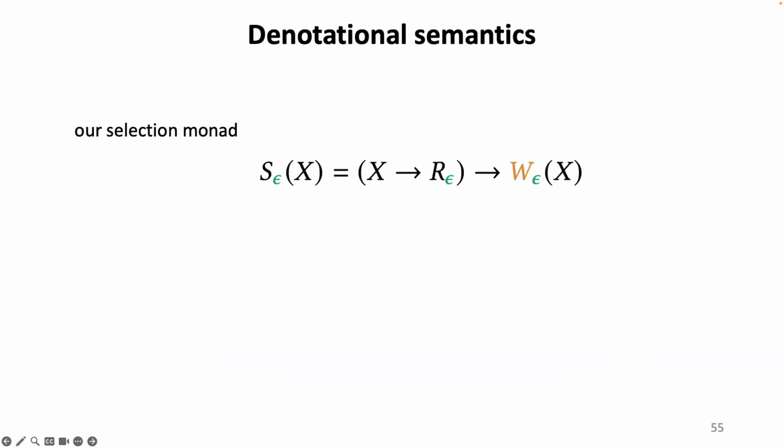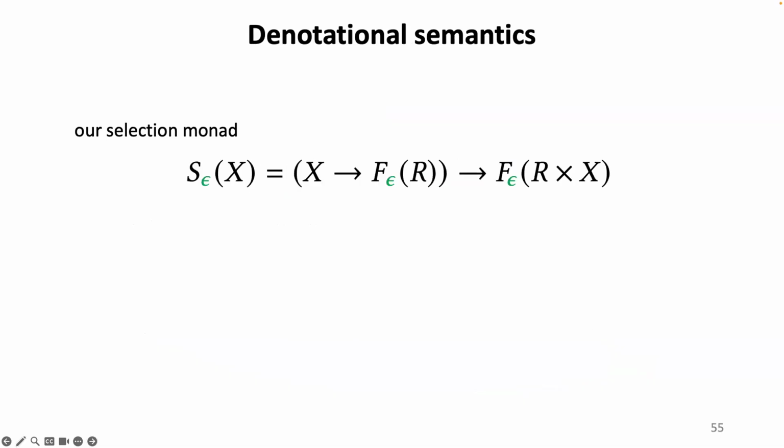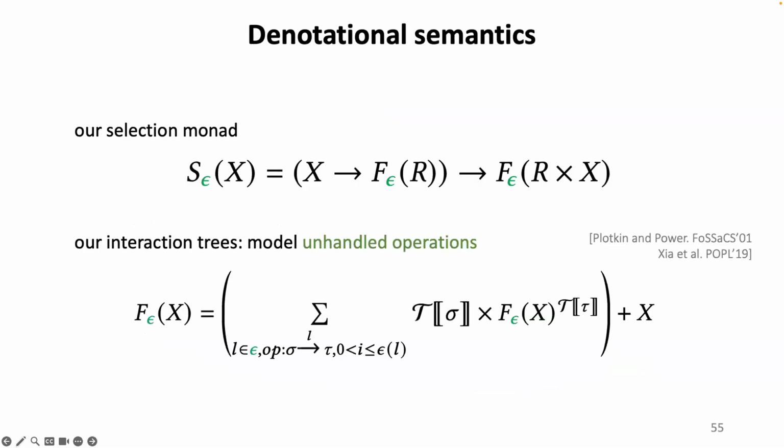And here are a few slides on the denotational semantics. If you are interested, we have a whole section on that in the paper. So this is the selection monad that we actually use in the end. It incorporates what people call interaction trees, or effect operation trees, where everything is basically a tree in which each node is an operation that can be handled by a handler.